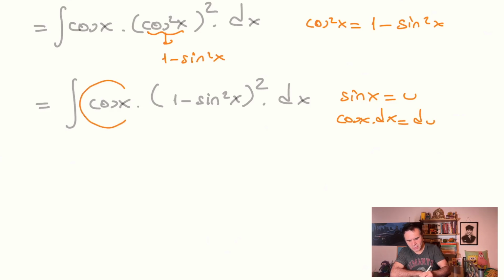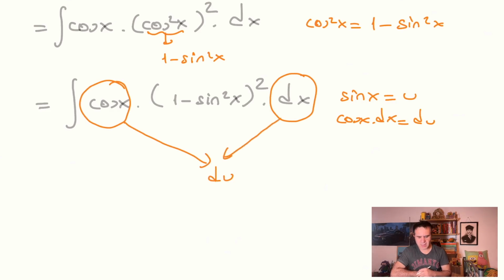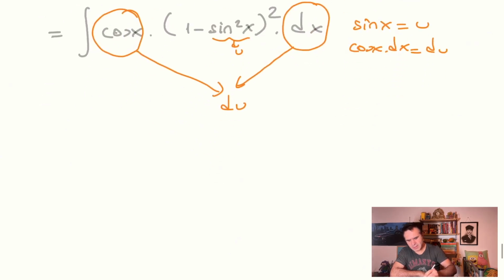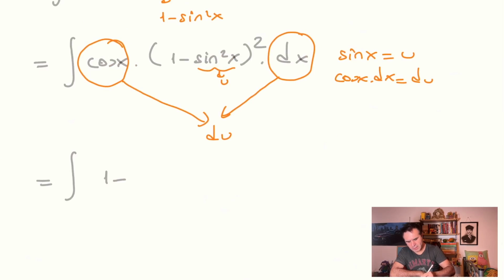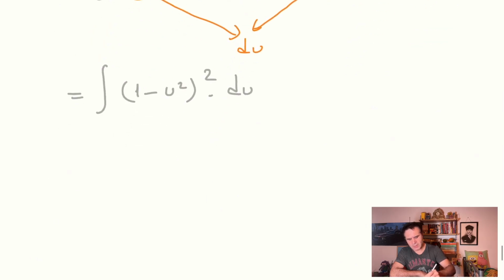This means that we can write du for cosine x dx, and we will write u for sin x. Then the integral becomes the integral of (1 minus u square) squared times du.